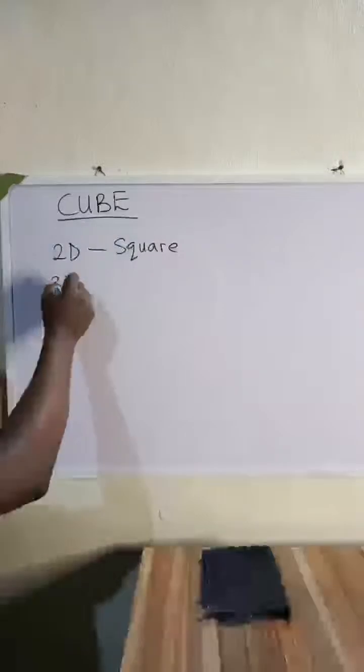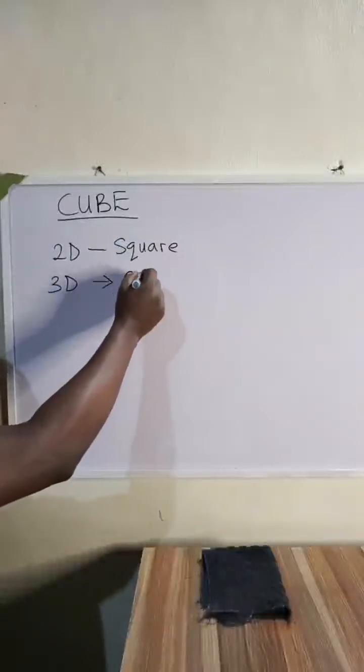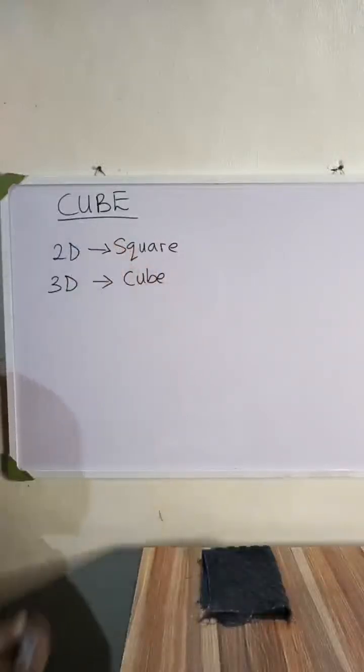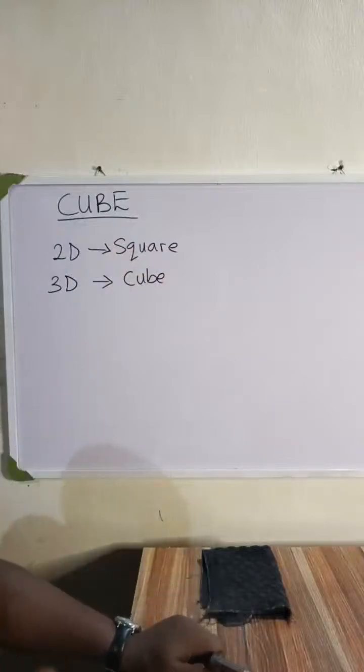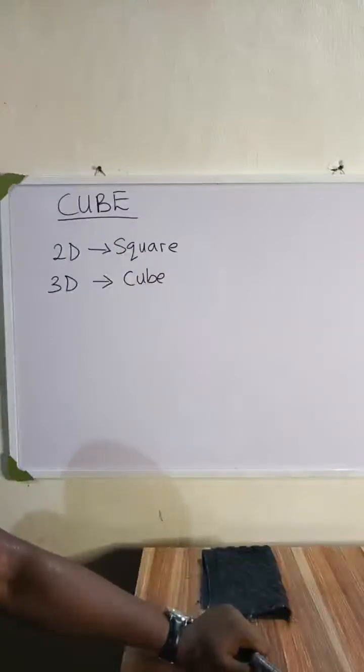For 3D shapes, we have cube. Just like a square that has all its sides equal, a cube is a 3D shape that has all its surfaces as squares. So all the faces of a cube look like a square.